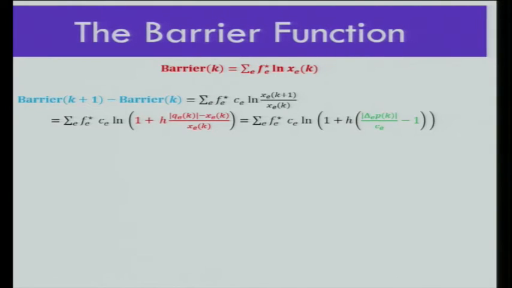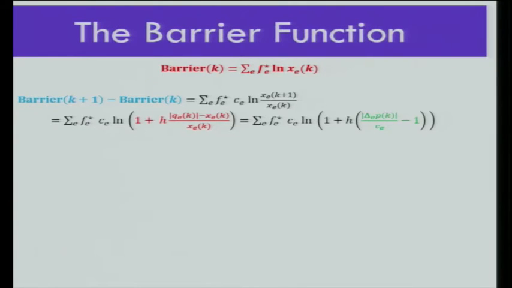Now I plug in what the formula for xc k plus 1 was. So what was it? Oh, C is missing from there. Sorry, we will see why C is required. Thanks for pointing that out.